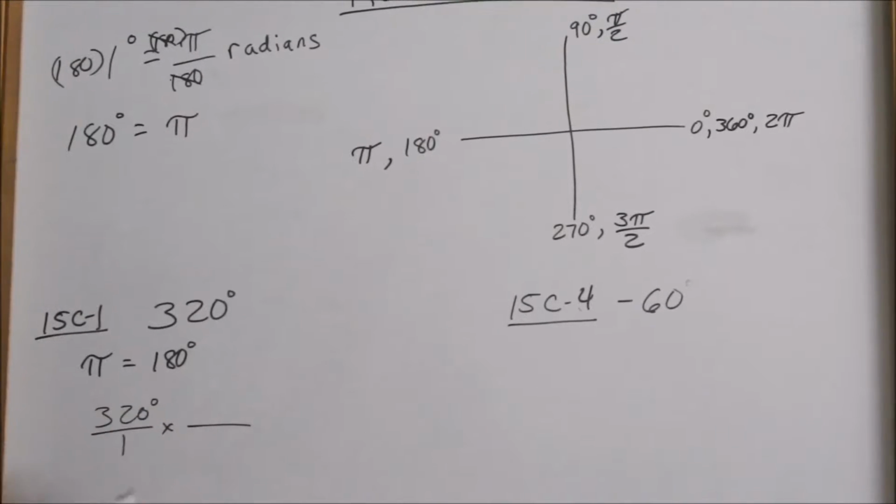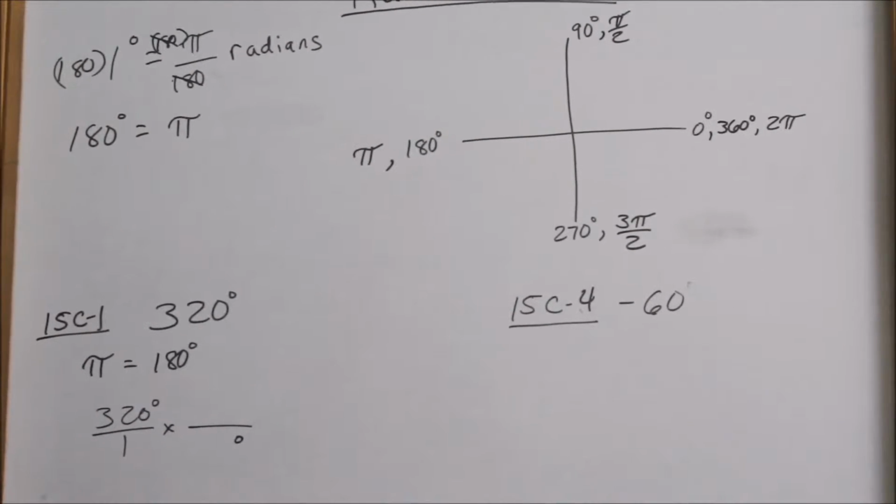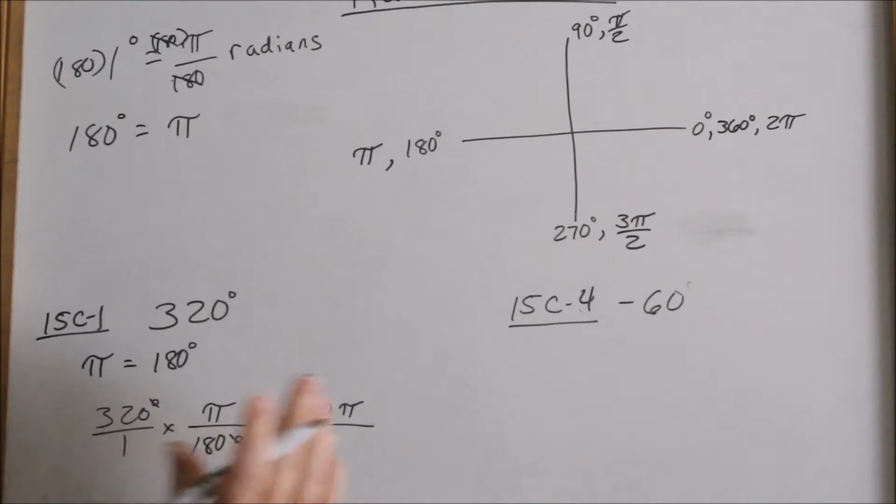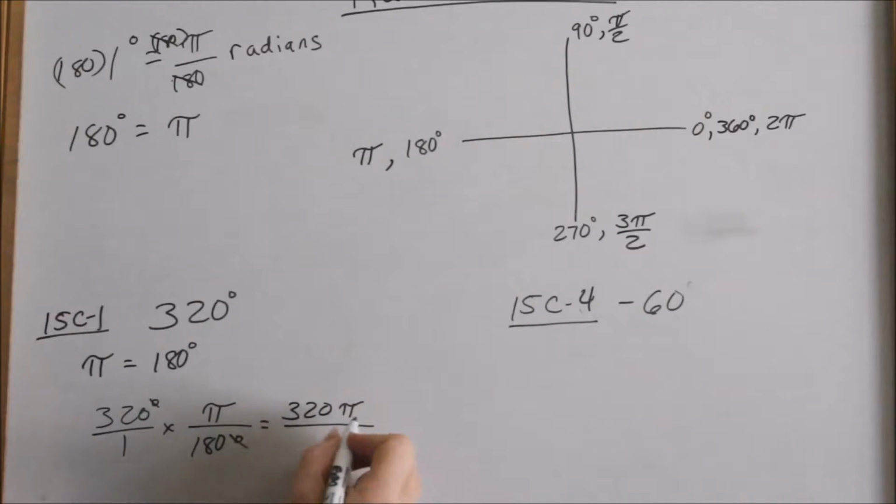If degrees is in the numerator, degrees has to go in the denominator so it will cancel. We know 180 degrees is the same thing as pi. So our degrees cancel, and we have 320 pi over 180. Pi shows you your unit as radians, but we just don't write the word radians.